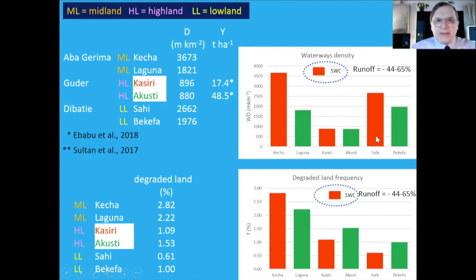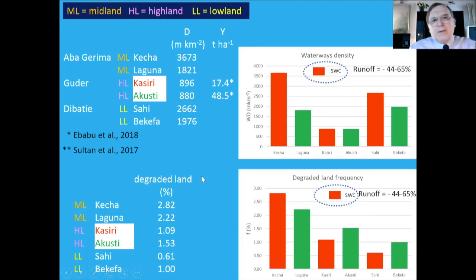A similar situation is observed if we consider the percentage of the land degraded. Again, in Abagerima, the treated catchment has a higher percentage of degraded land. In Guder it is a little bit less in the treated catchment, and in Dibate the same.